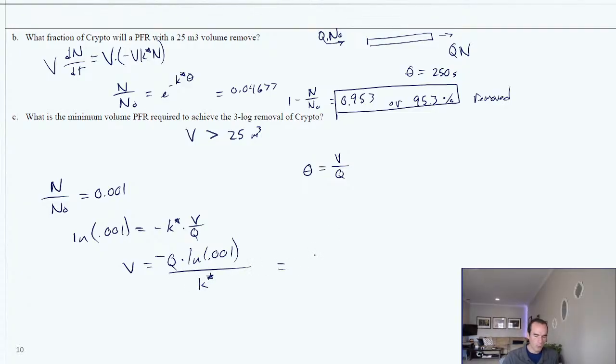When we put in those numbers, we will get a volume here of 56.39 cubic meters.